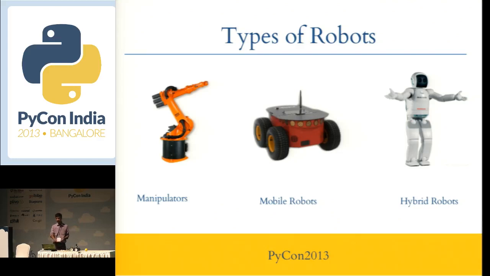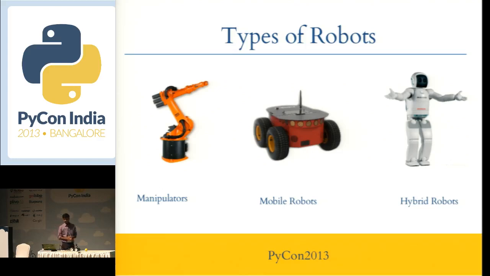That is the main purpose of manipulators. Next is mobile robots. From the name itself, we can tell it can move. It has wheels, so it can move. There are a lot of examples of mobile robots. There are a lot of rovers, and they all belong to this category.